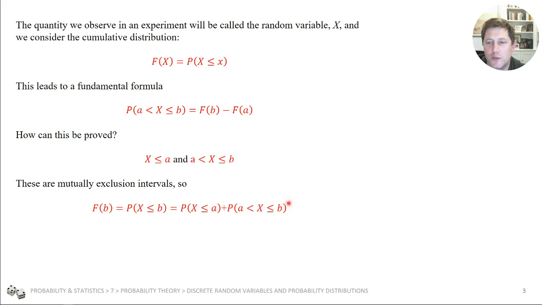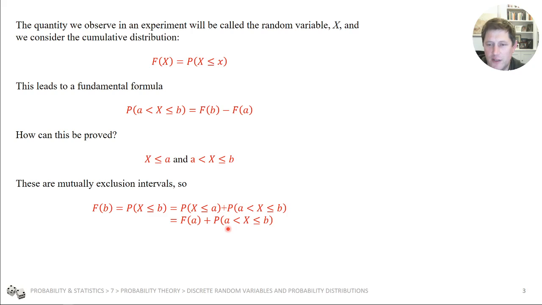We showed in the last lecture that the probability of this is the sum of two mutually exclusive probabilities. And so by our definition of the cumulative distribution, this first term is equal to the cumulative distribution of a.